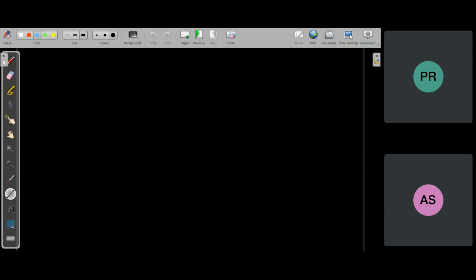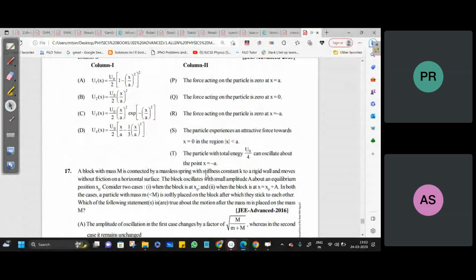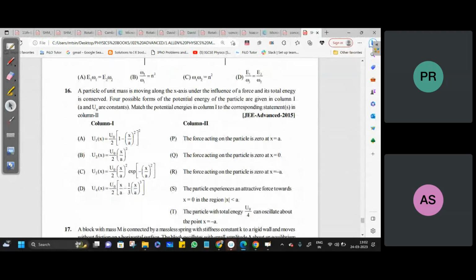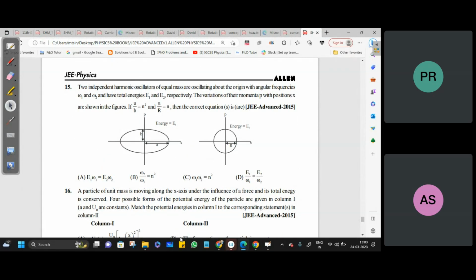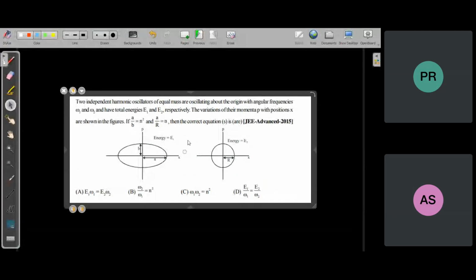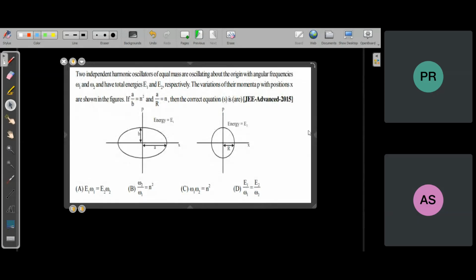Okay. So now you can go to the next. This is again a PYQ, JEE 2015 question. Try this one.